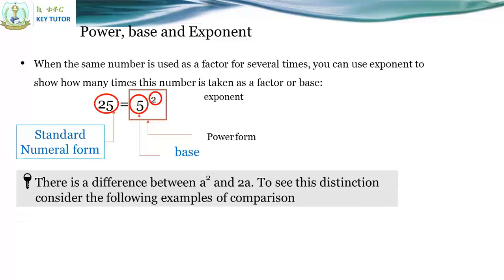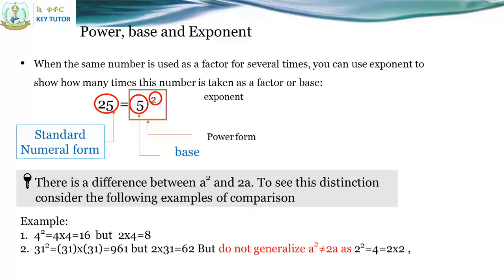There is a difference between a square and 2a. Here we need to note that there is a difference between a square and 2a. Let's take an example to see the distinction between the two values. For example, 4 squared is 4 times 4, which is 16, but twice 4 is 8, and you can see the difference between 16 and 8.